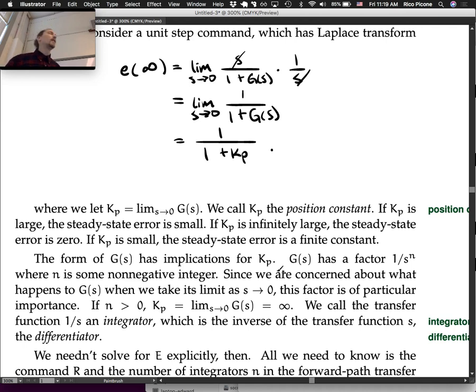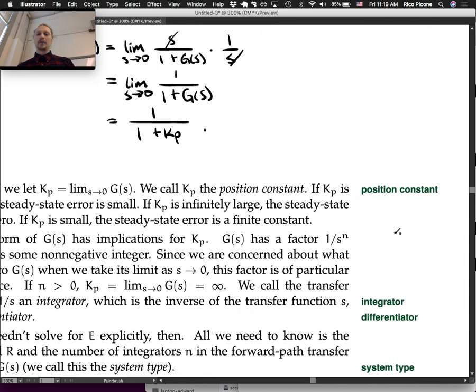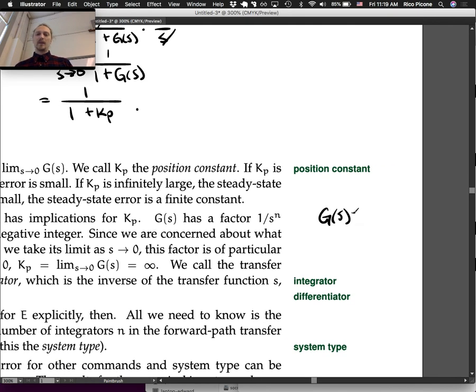N might be 0. So if we had some transfer function g of s, and it was equal to some polynomial fraction in s, a polynomial in s over another polynomial in s.